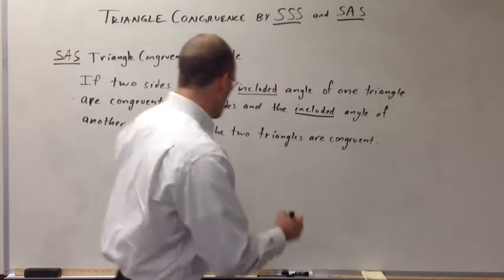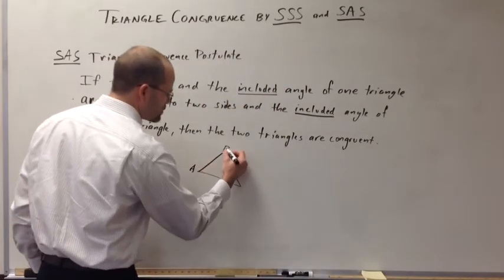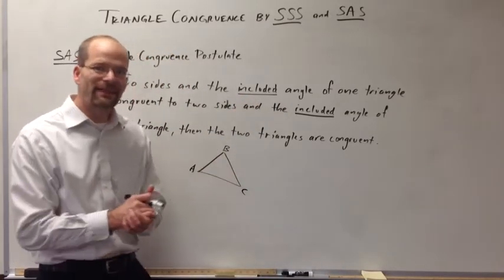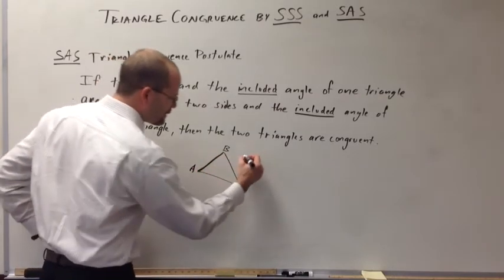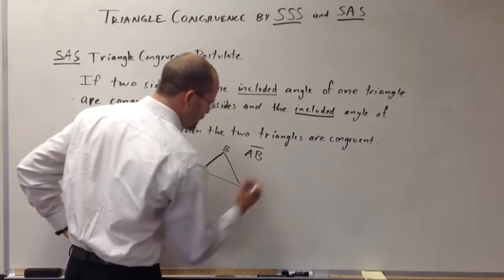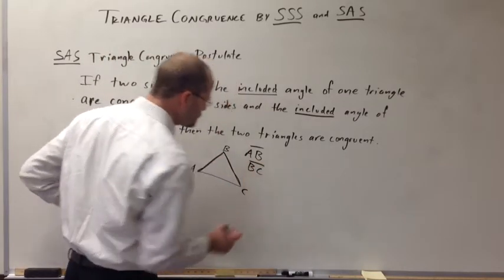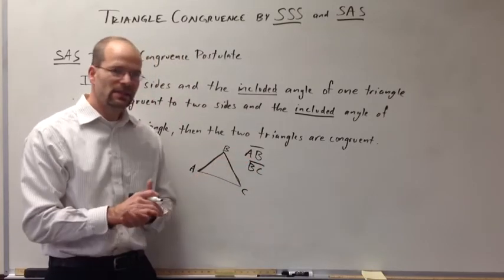So what do we mean? When we talk about a triangle, for instance, triangle ABC, the included angle is the angle that's between two specified sides. So if I'm talking about side AB and side BC, in the context of that discussion, angle B is the included angle.